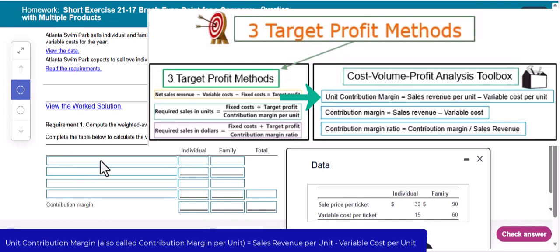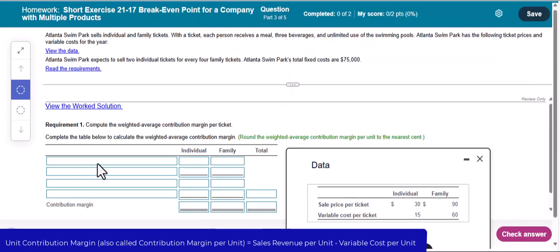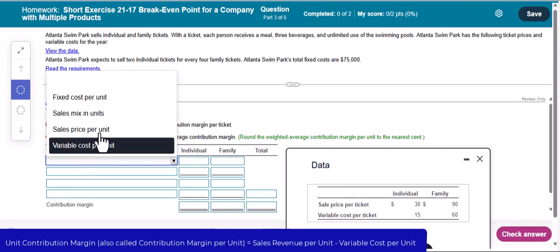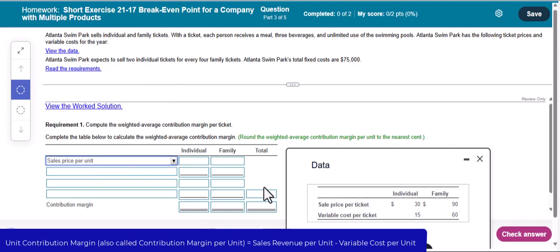First, we start by taking sales price per unit, and we copy over the individual sales price per ticket, 30, and the family one, 90.